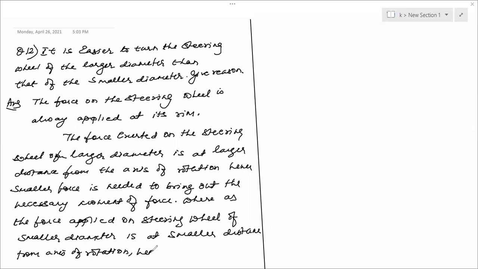Hence, a larger force is needed to bring out the same moment of force.